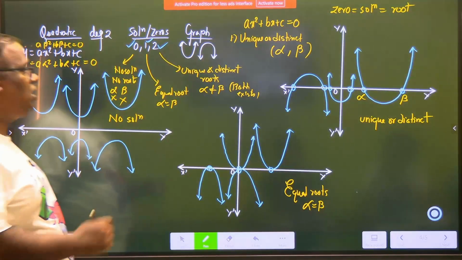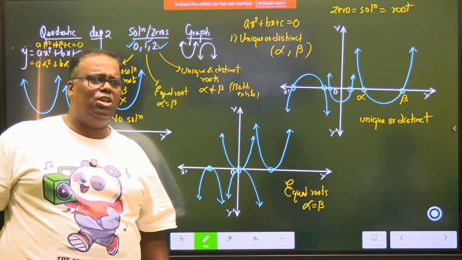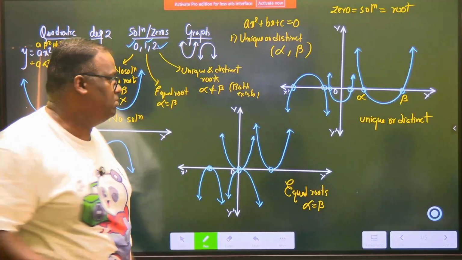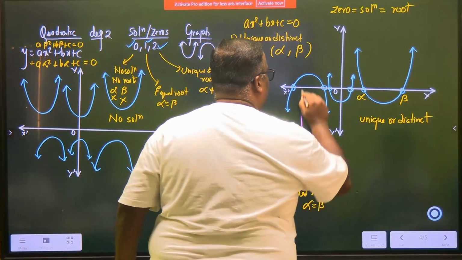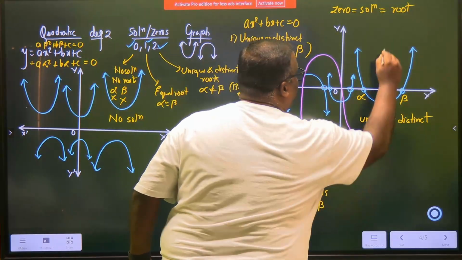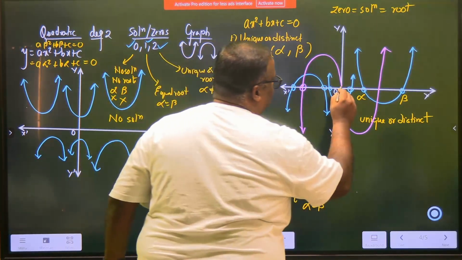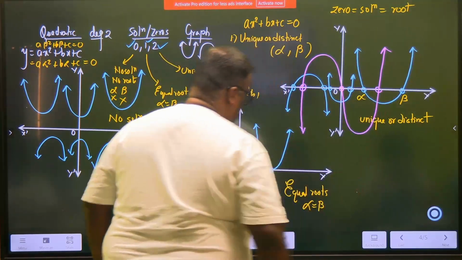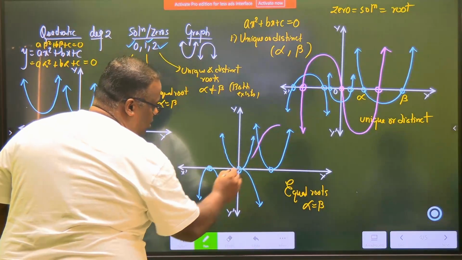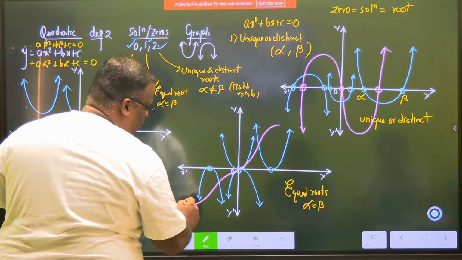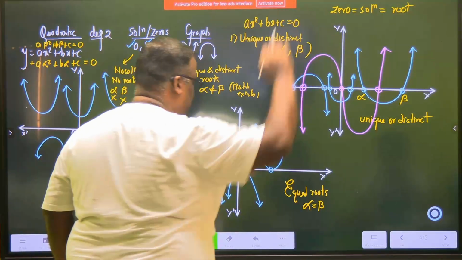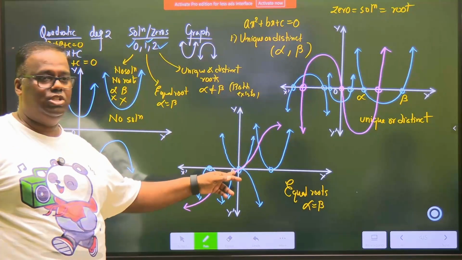So a cubic will cross the x-axis 3 times. It can be going upward, going downward. 1 solution, 2 solutions, 3 solutions. It can also be like this, only pass through 0 and never pass again. All the 3 solutions are here.